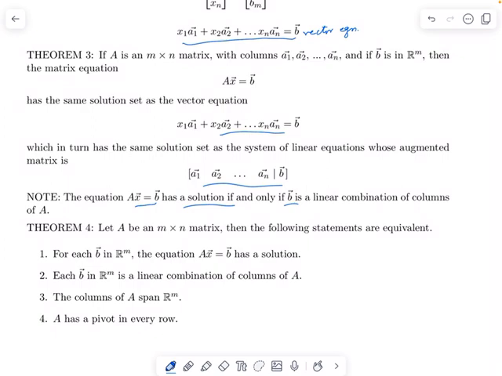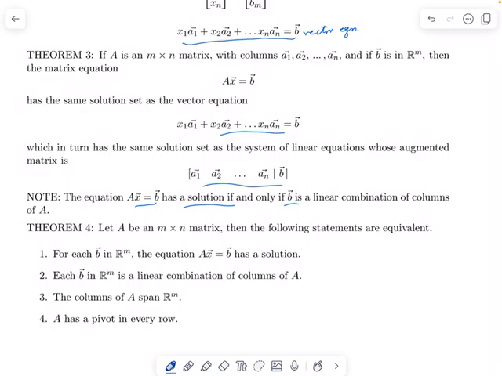Now we have Theorem 4. Let A be an m by n matrix. Then the following statements are equivalent. Equivalent means if one is false, all of them are false; if one is true, then all of them are true. The first one is: for each b in Rm, the equation Ax = b has a solution.